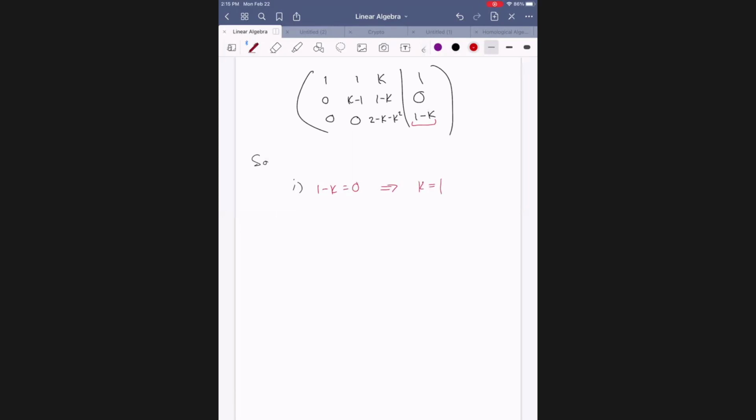And then this part right here, you get 2 minus k squared equals 0, which if you factor this, this would give me 2 plus k, 1 minus k equals 0, which implies that k has to equal -2 or 1, right?